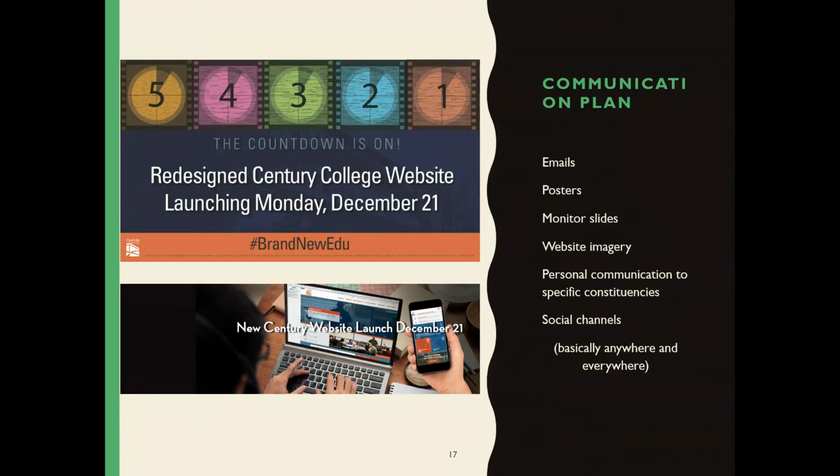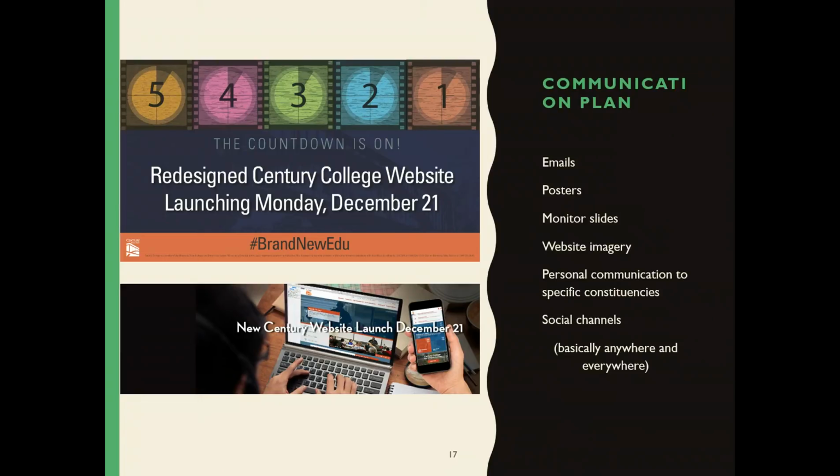So this included emails that were super targeted to people. There were general campus things that went out, but then also emails that focused on URLs. So making sure to get in touch with admissions and saying, look at the URLs on all of your printed materials because they're probably going to change. And if you have any short URLs that need to be saved, or we're going to need to make redirects, then send those along too.